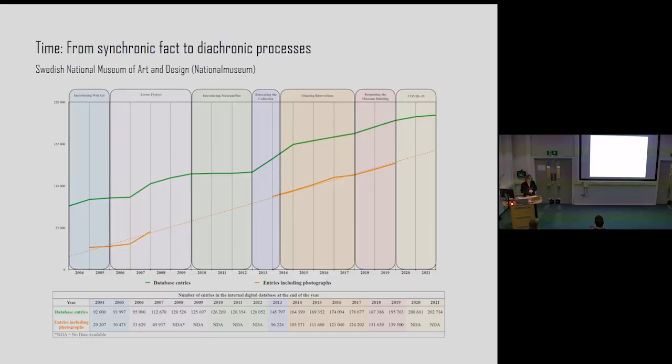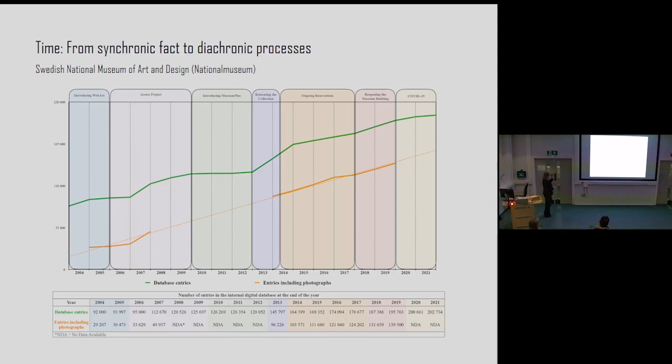things are readily evident. For example, one could see that the percentage of entries including reproduction photographs has increased over time. So in 2005, it was only a third, 32% of the entries which included a picture, while in 2019, 71% of the entries included pictures.